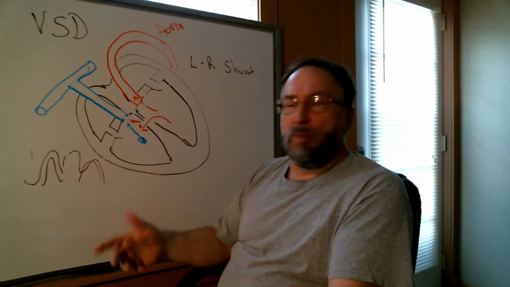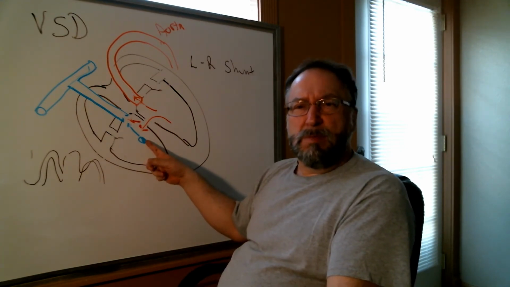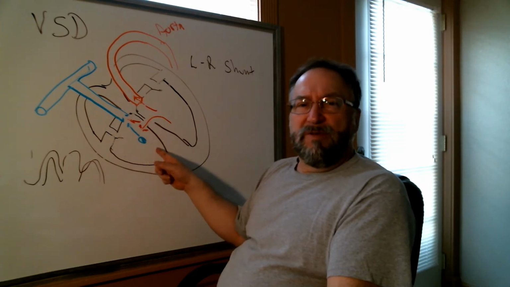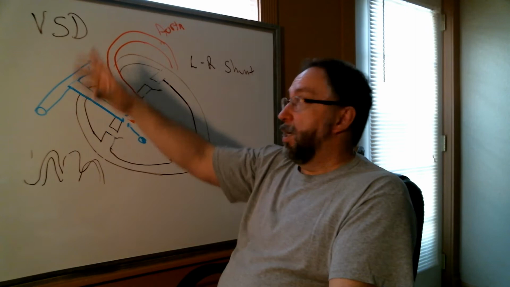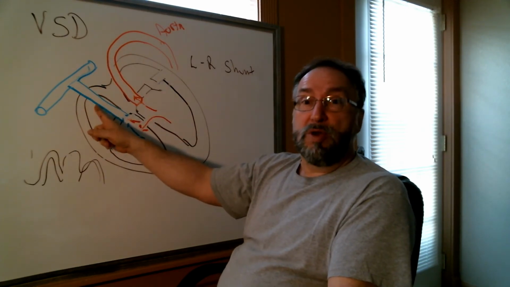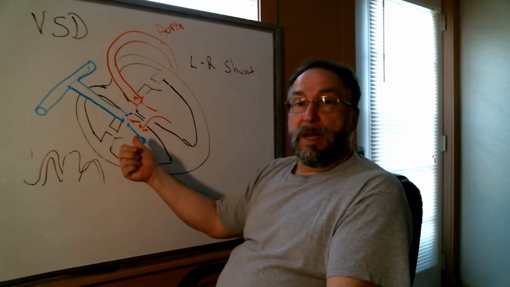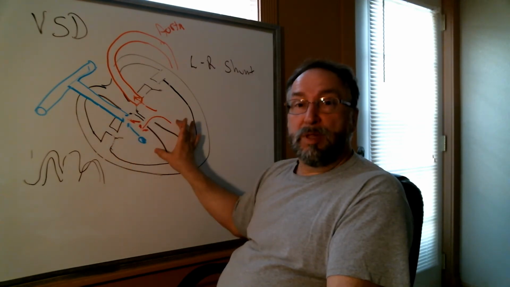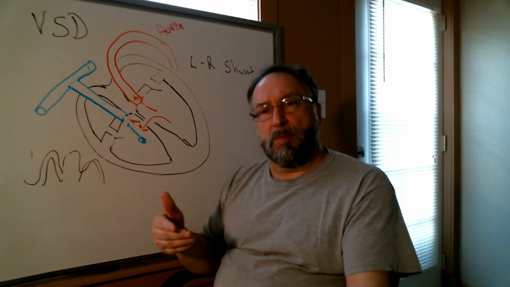Luckily, we have escape rhythms down here, but they only go at like 30 beats a minute. So you're going to have a ventricular rate of 30 beats a minute. The ventricular rate is what matters because it's pushing out. Up here might be beating normal, but those beats aren't going anywhere. They're not coming down into here. This isn't following up on the beat. So that's one of the rhythm problems that you can have.